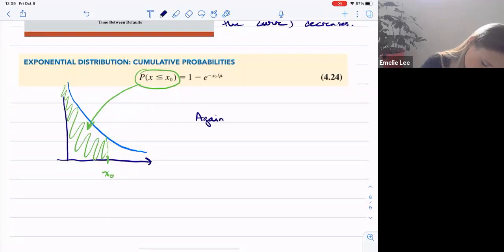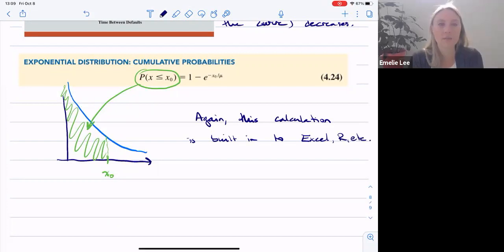Again, this calculation is built into Excel, R, etc.